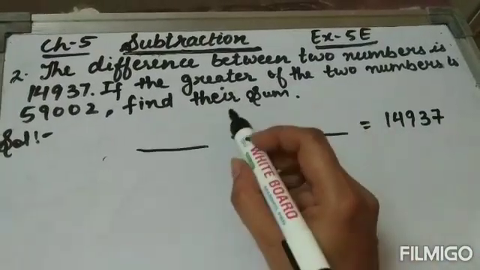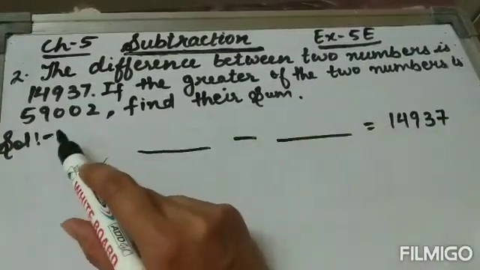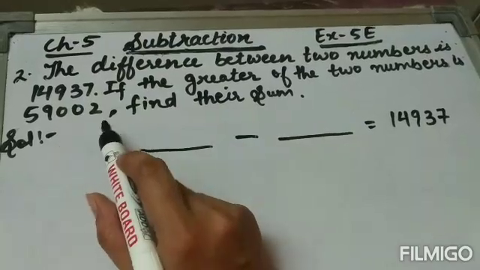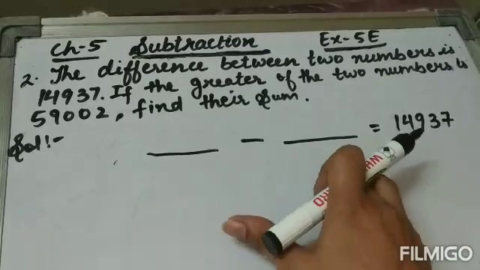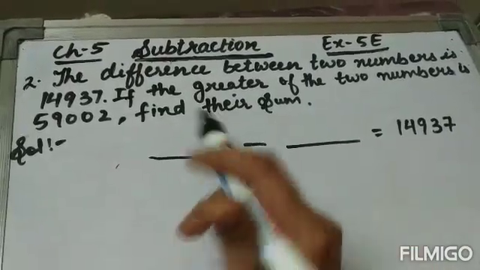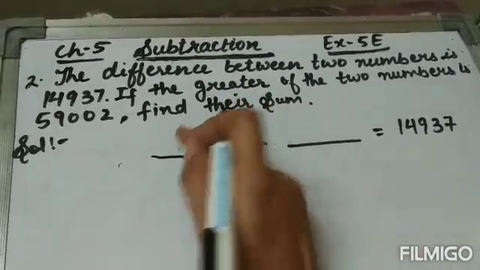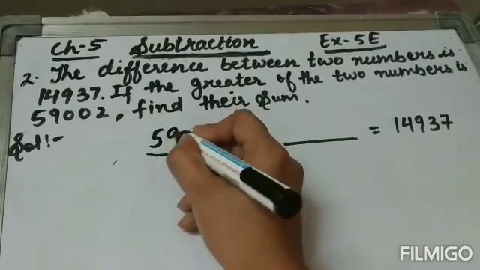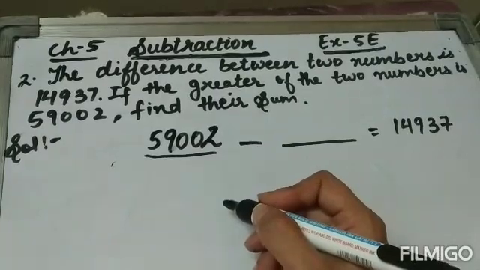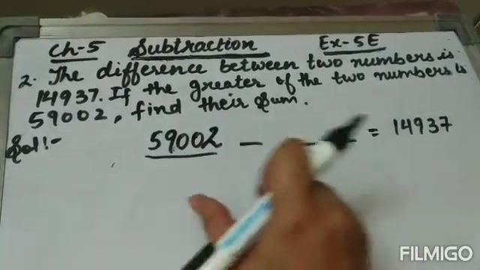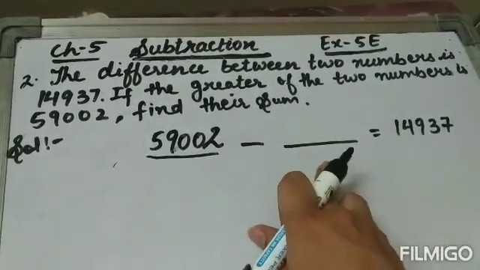Okay, if the greater of the two numbers is 59,002, the greater of the two numbers, we always subtract the smaller number from the greater number. Okay, that means the first number is given to us, 59,002. Find their sum.